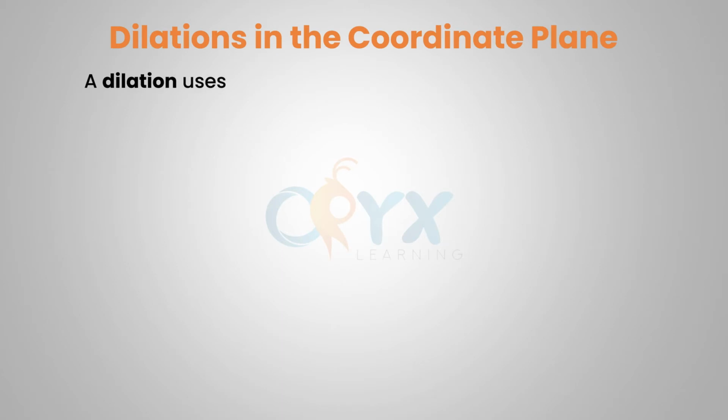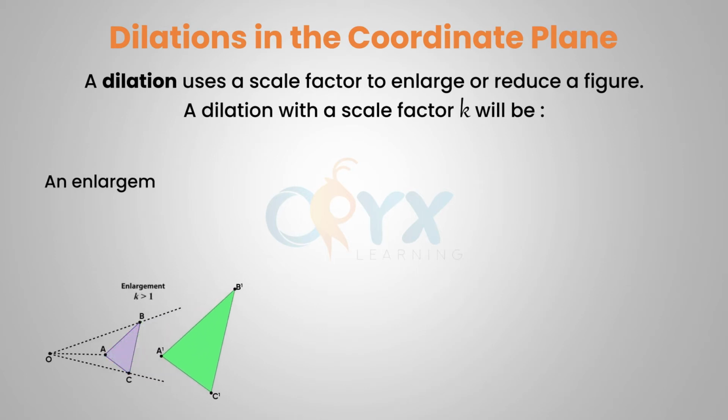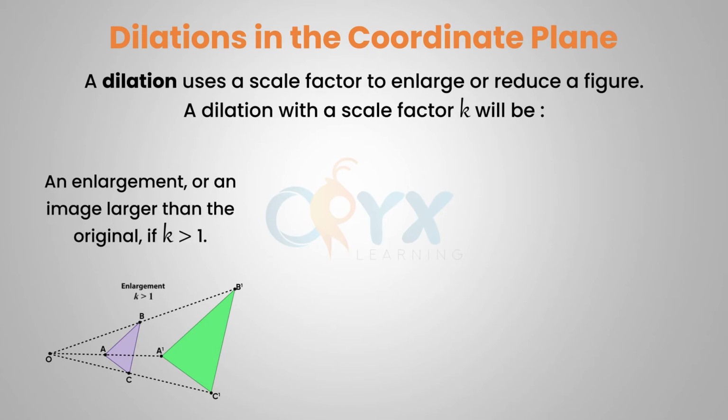A dilation uses a scale factor to enlarge or reduce a figure. A dilation with a scale factor k will be an enlargement, or an image larger than the original, if k is greater than 1. So as we can see here, the preimage ABC is smaller than the image A'B'C'.